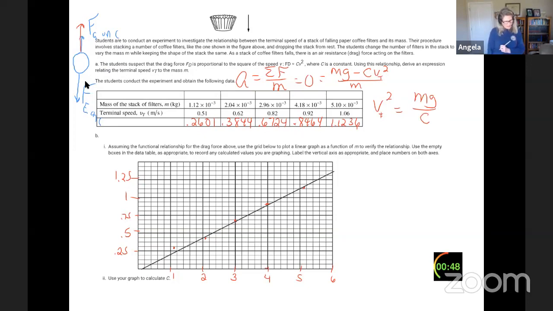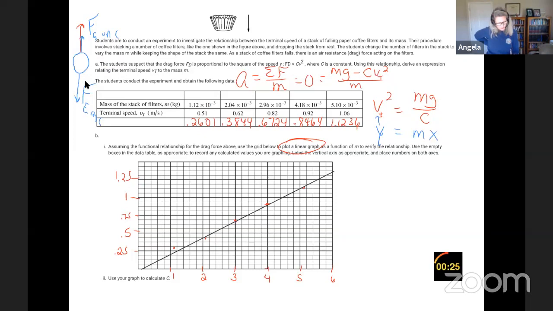Okay, and then they say plot a linear graph. I got a little head start just so we don't waste time. What would you have to graph? Our y variable would be v terminal squared, and we want slope times the x variable.